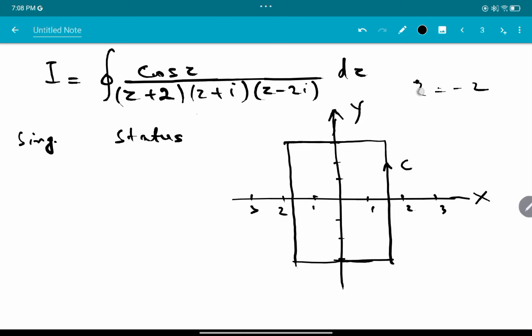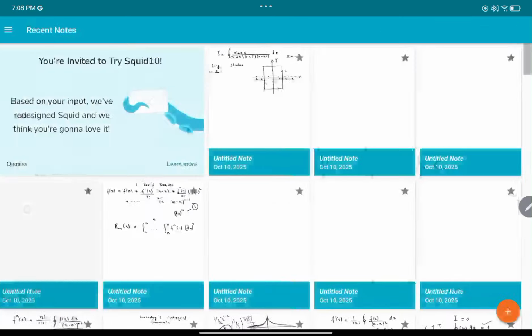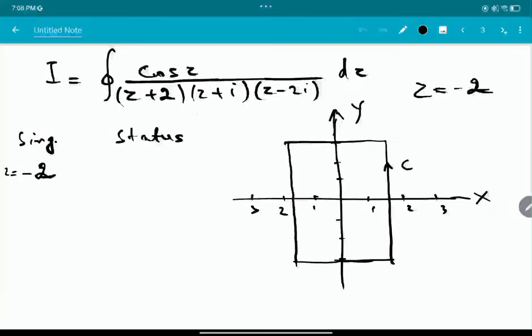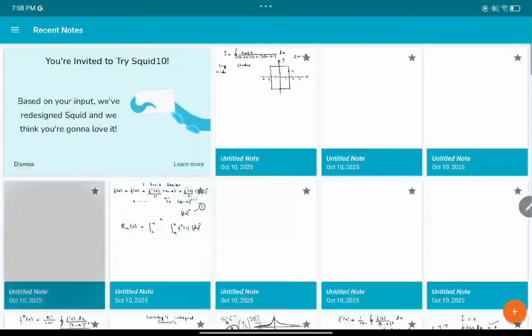This is one singularity, z equal to minus 2, the first singularity. Then there is another singularity, z equal to minus 1.